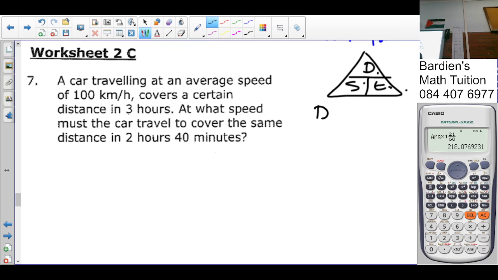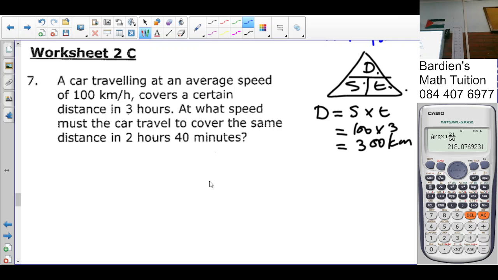So we can work out the distance. The distance is equal to speed times time. So speed is 100 kilometers per hour for 3 hours. So it covers 300 kilometers.